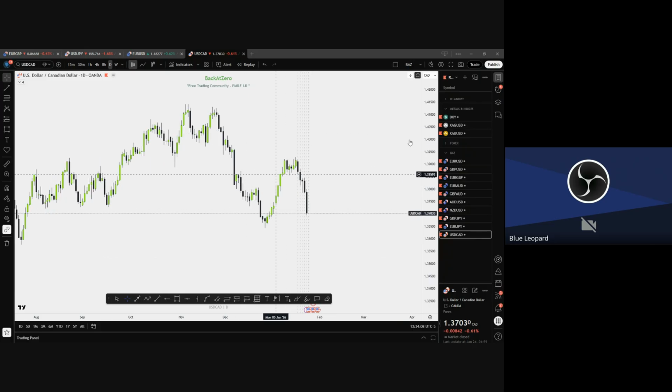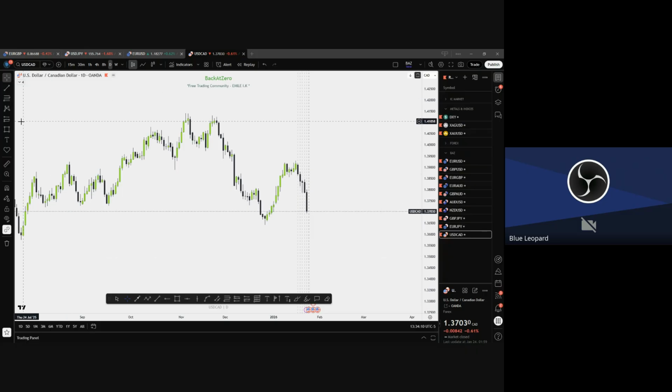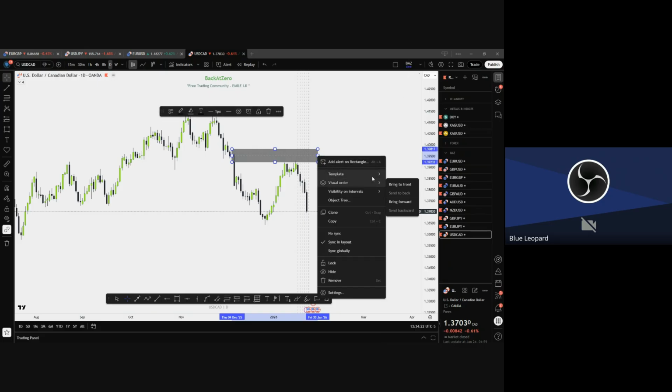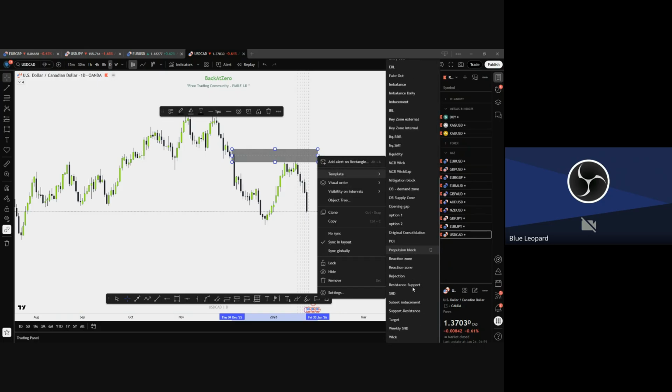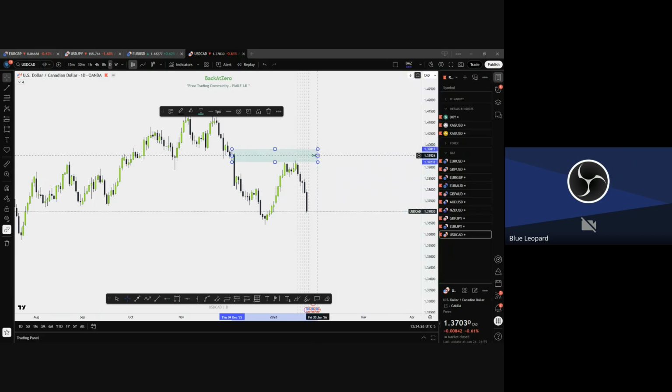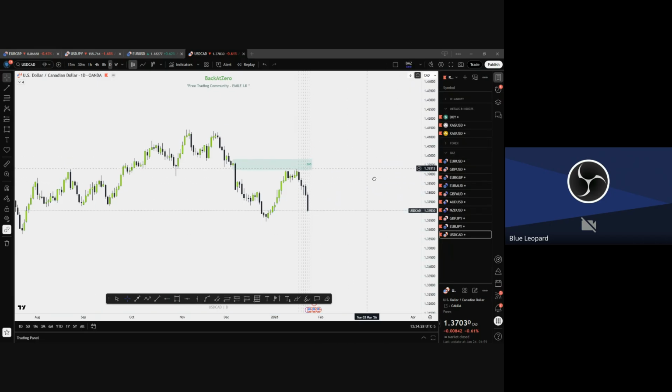You combine this with the market phases, and then the only two zones you need with this is just to mark your SND. That's how I call it. It's simple to say. I don't want to explain too much stuff.